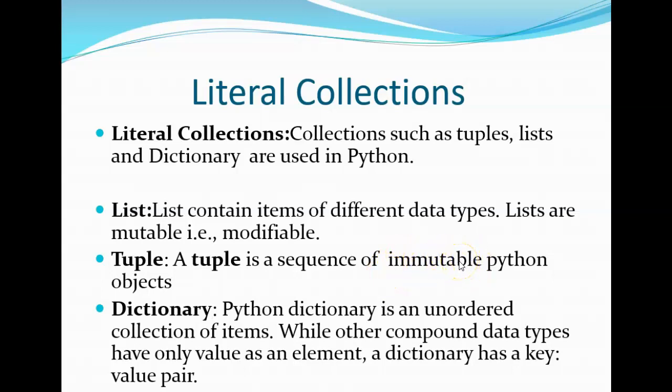Once declared, it is almost like a constant. You cannot change it. A Python dictionary is an unordered collection of items, while other compound data types have only a value as an element. A dictionary has a key value pair. In a list and tuple, only one value is there as a single element, but in a dictionary each element has a key and value pair.